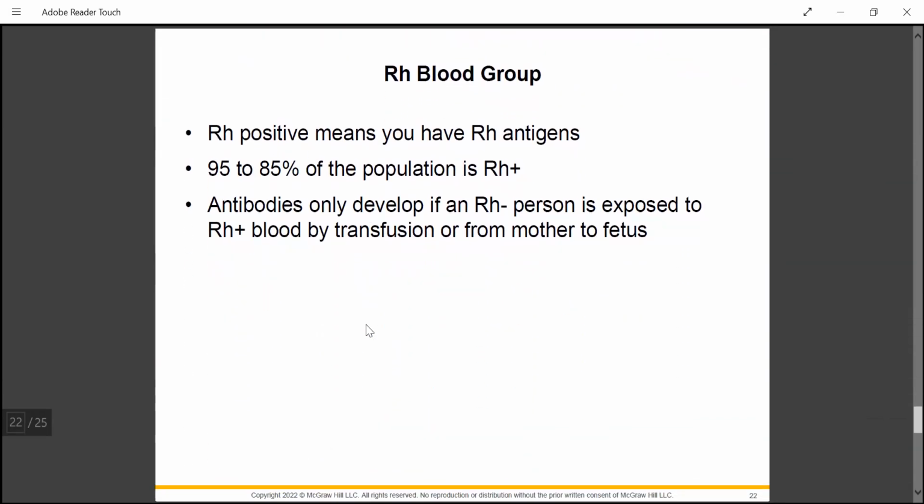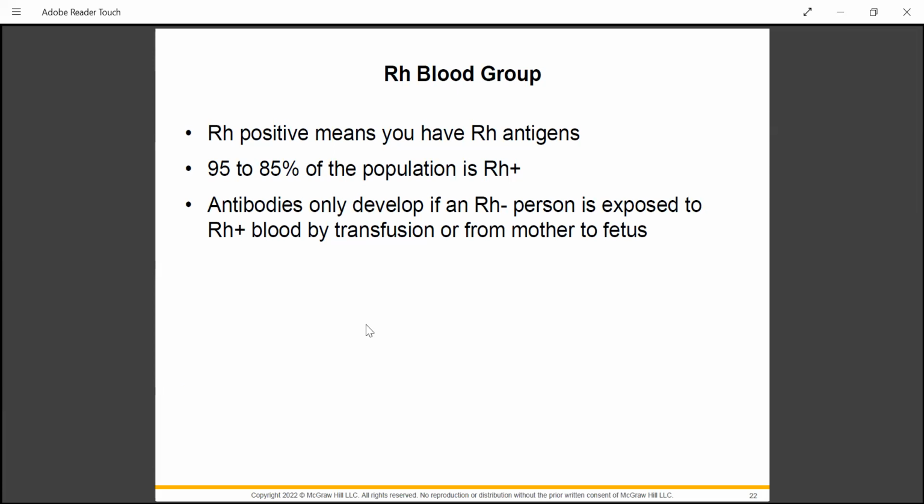So that was just the letter portion of our blood group. Now we're going to get into the positive and negative. A full blood type is going to say, for example, A positive or B negative or O positive. That positive or negative is based on this RH group of antigens. RH positive means that you do have RH antigens in your system.